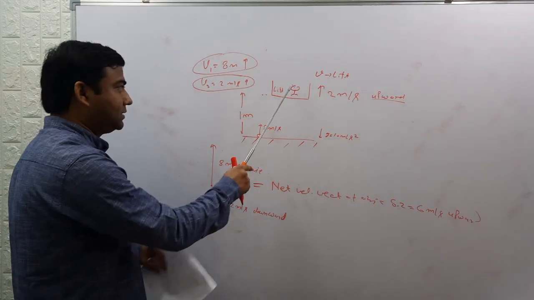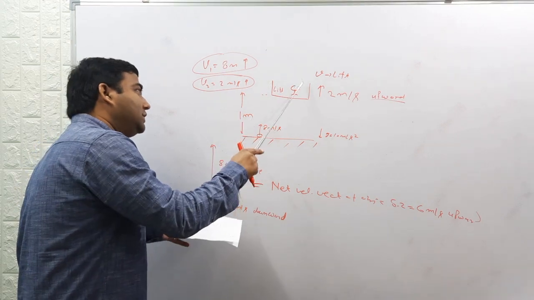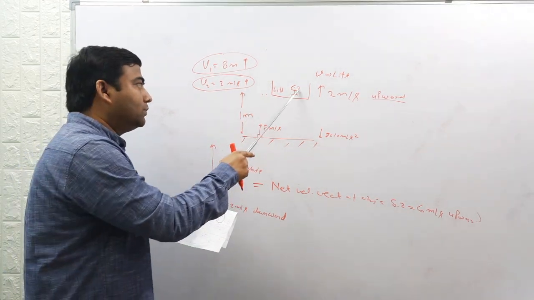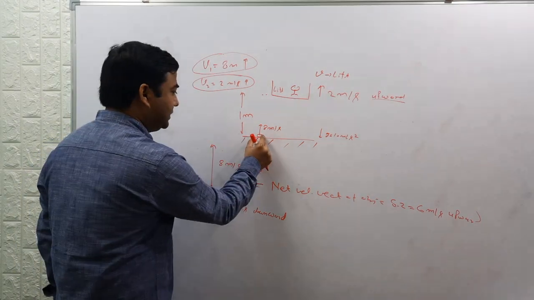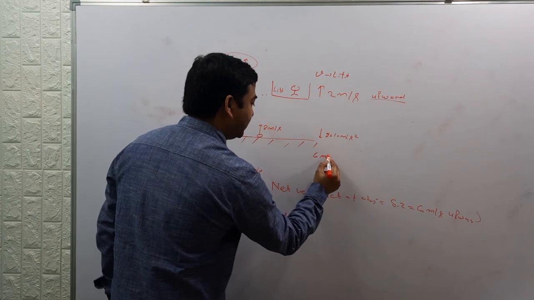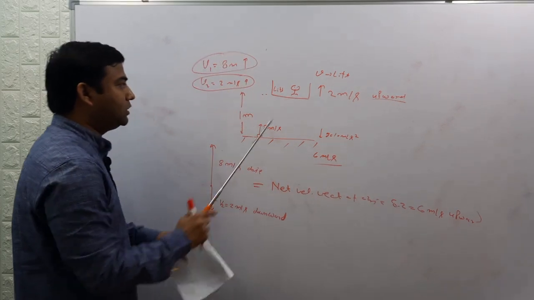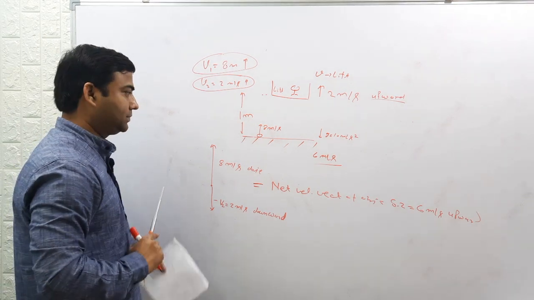So from the lift, I can say, once I have shifted myself to a moving frame, that is the lift, I will say the initial velocity of the object is 6 meters per second, because I have reduced the velocity of the lift from the velocity of the object.